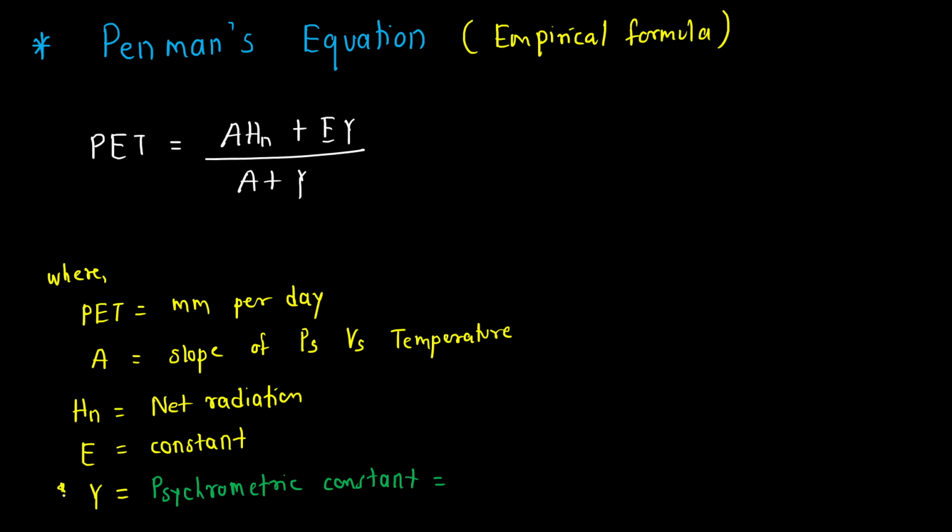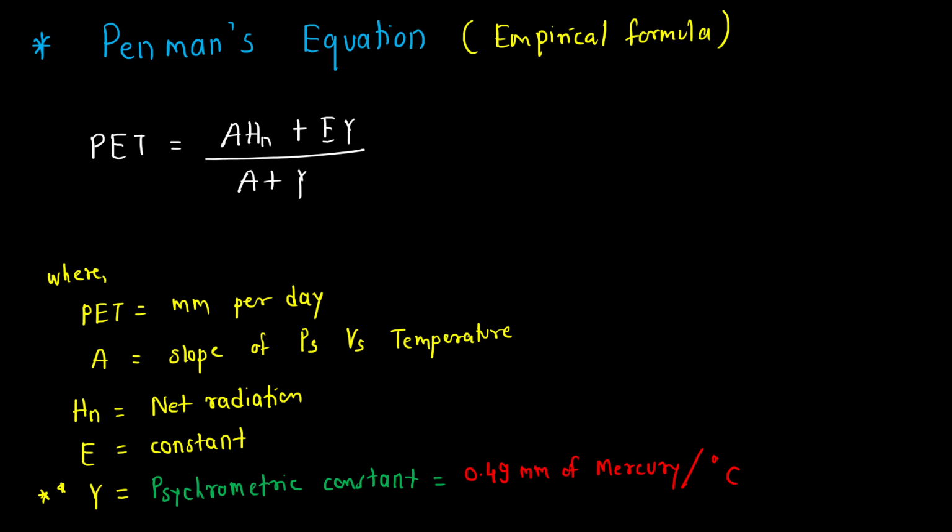I'm giving a star mark here also. And the value of this psychrometric constant is 0.49 mm of mercury per degree Celsius. Okay, so this is the Penman's equation. It is used to find out the PET, and these are the values.